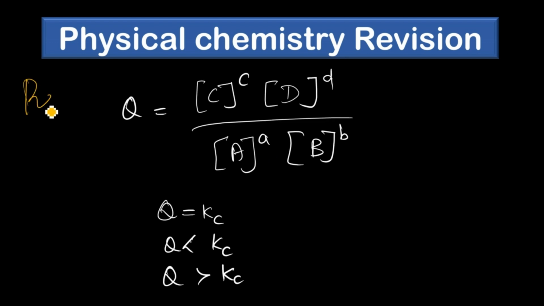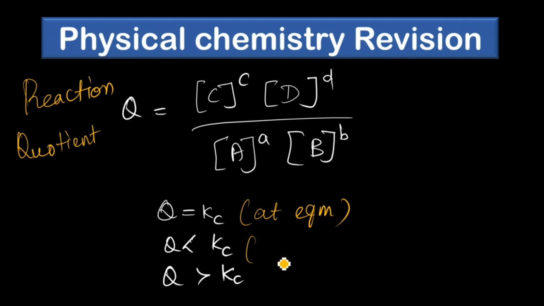Then reaction quotient, which is very similar to our reaction concentration Kc value. You can see the equation is pretty simple, similar to Kc, but Q value becomes equal to Kc at equilibrium only.